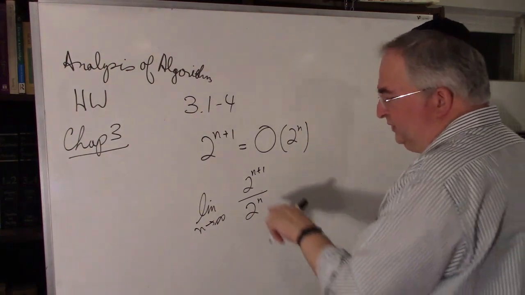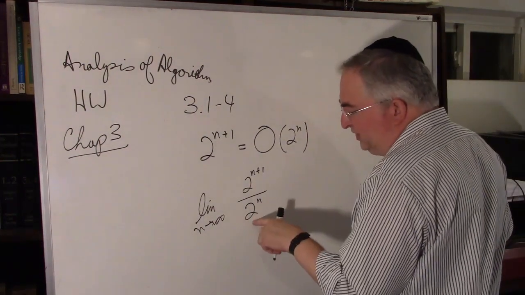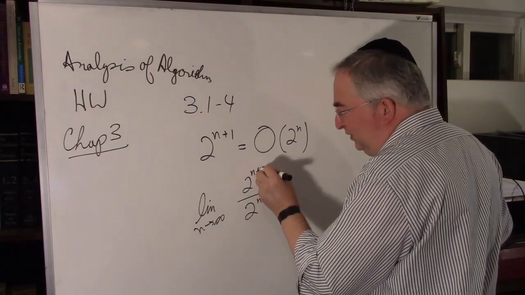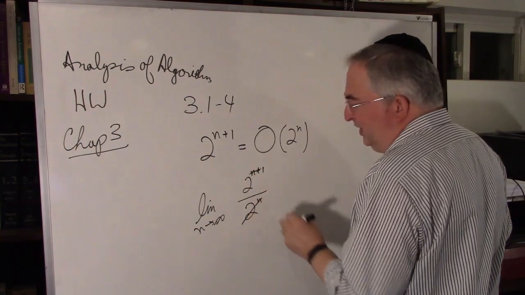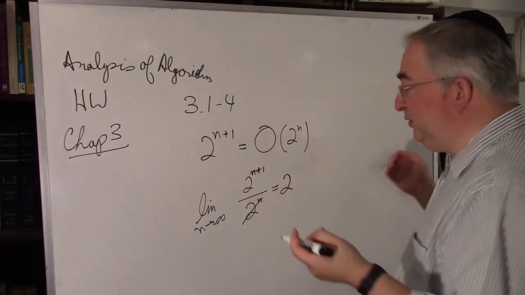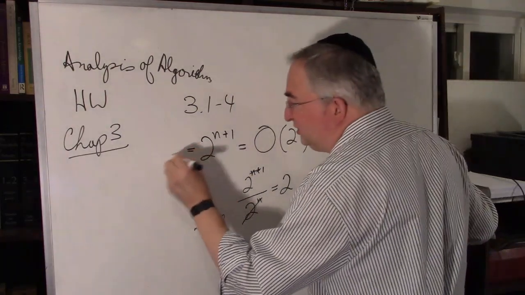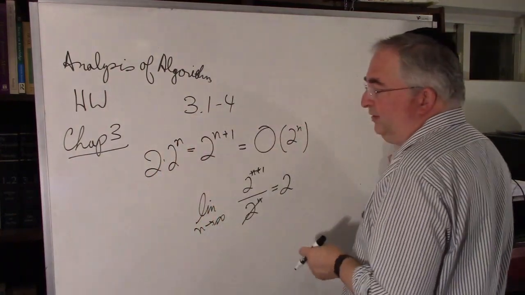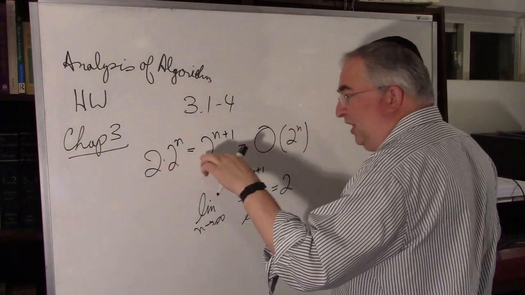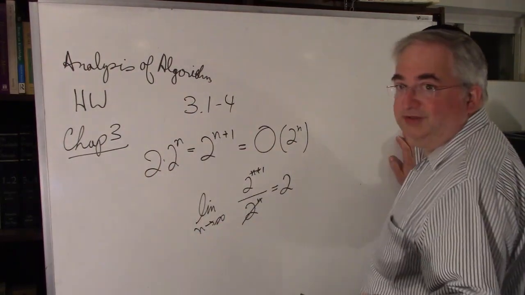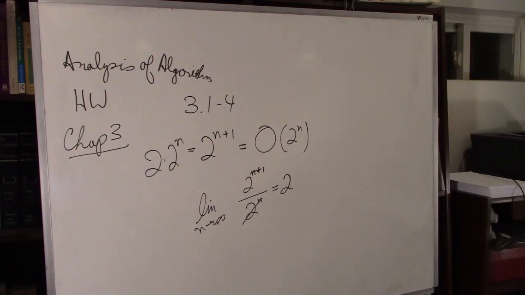This is n plus 1 copies of 2, this is n copies of 2. If you cancel it out, you're left with 2. And so, yes, it is. The way to see this is that it's simply 2 times 2 to the n, so it's just the function 2 to the n multiplied by a constant. So it's the same thing. It's not even an issue.